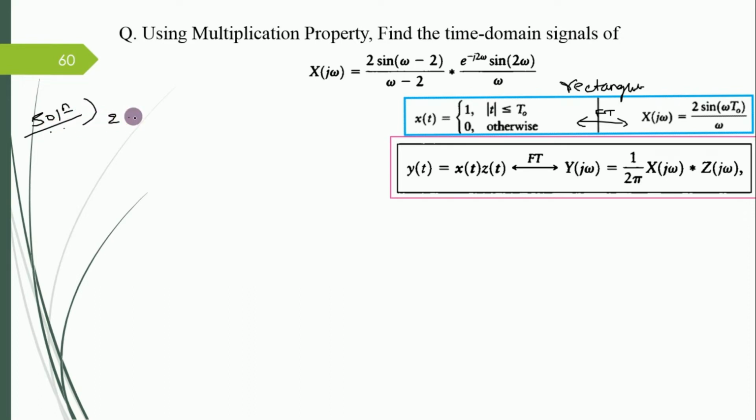So 2 into sine omega, this one is already there. I just write the first term, sine of omega minus 2 divided by omega minus 2.